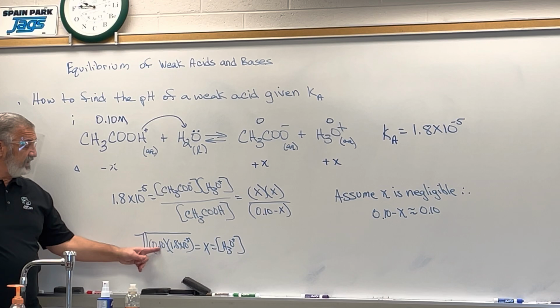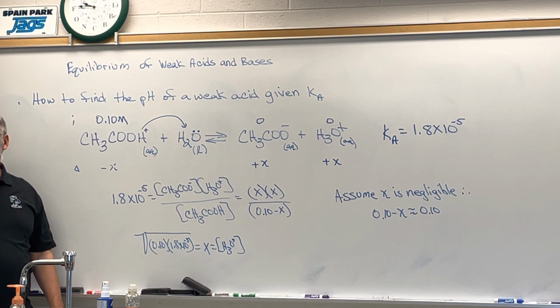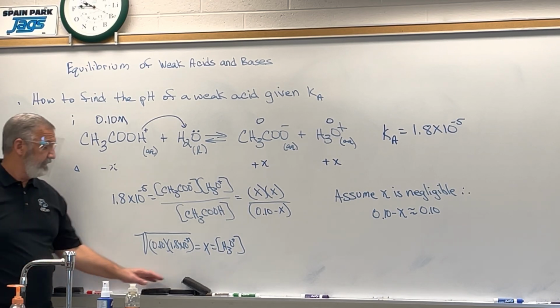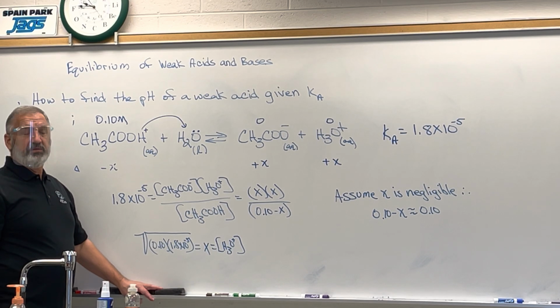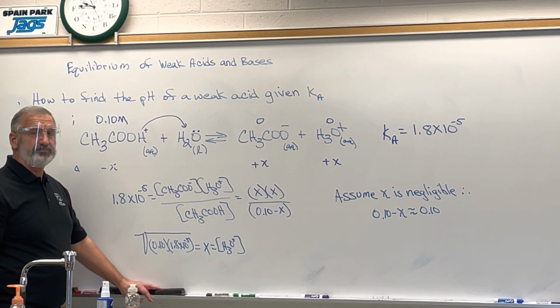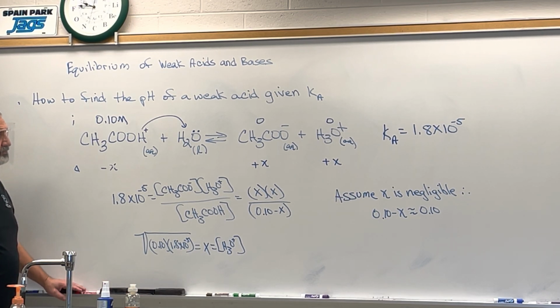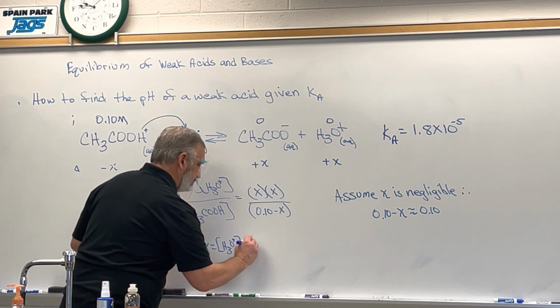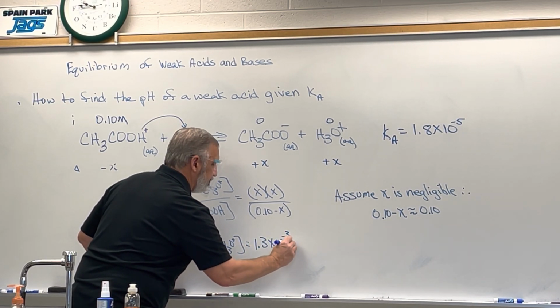So this is going to be 1.8 times 10 to the minus 6. We take the square root of it, and that's 1.3 times 10 to the negative 3.